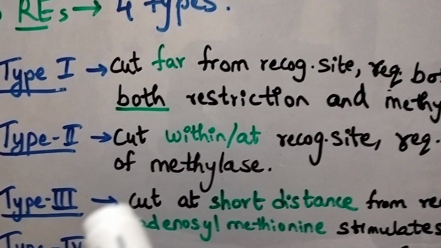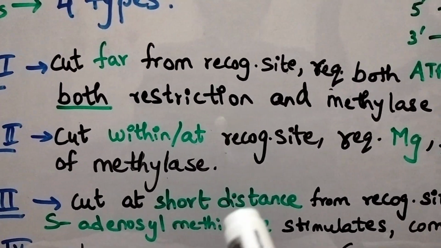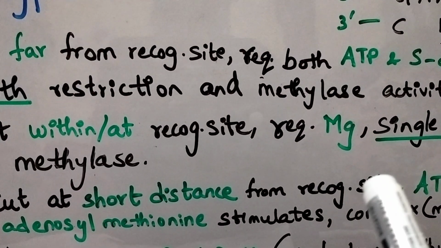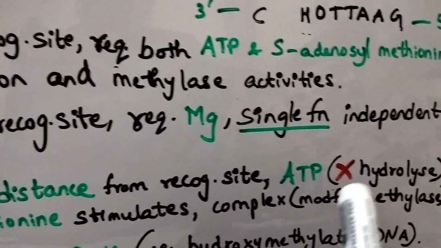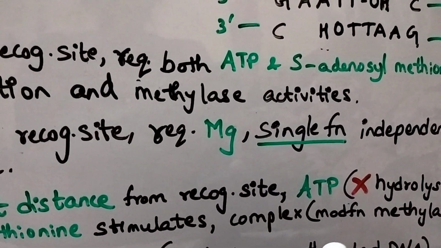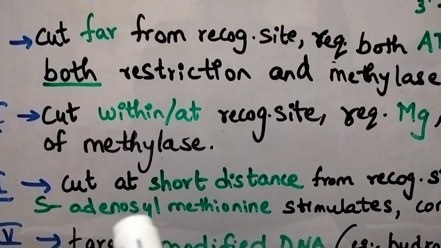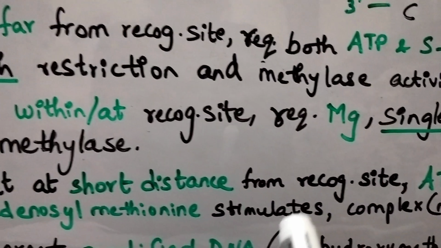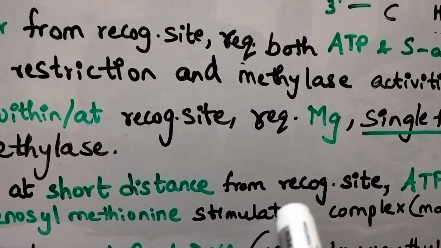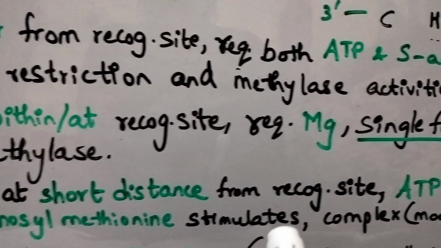Type 3 cuts at a short distance from the recognition site, and requires ATP, but does not hydrolyze this ATP. The presence of S-adenosyl methionine stimulates the function, but it is not a compulsory component.